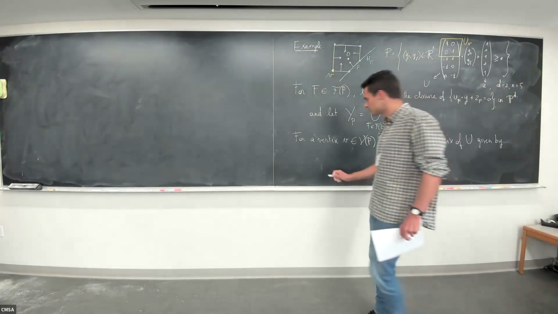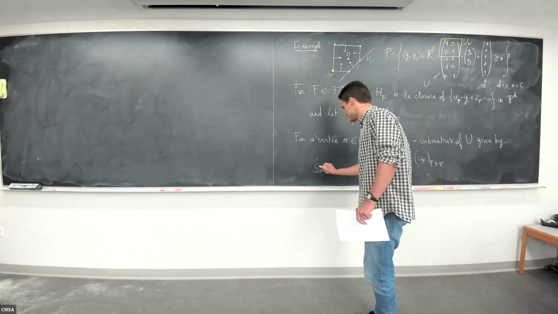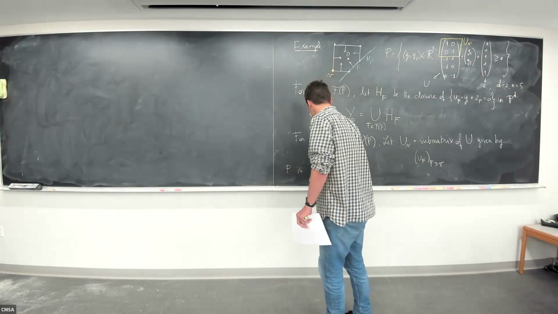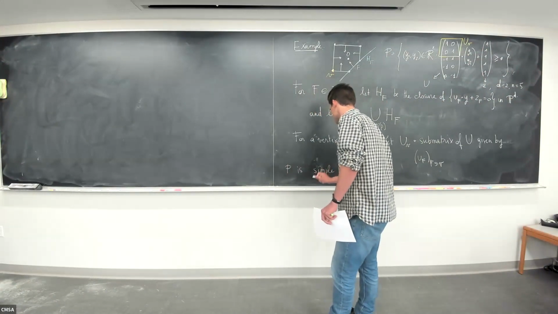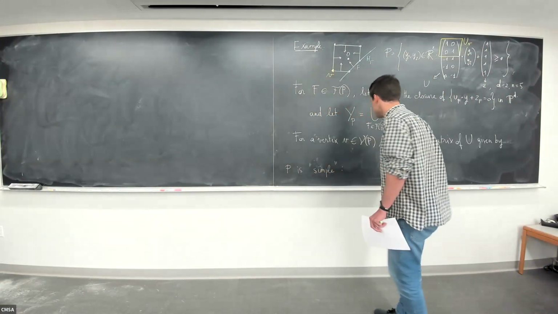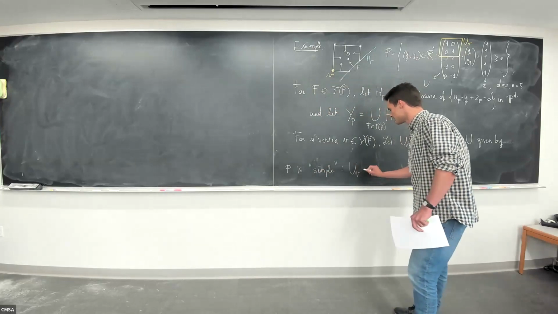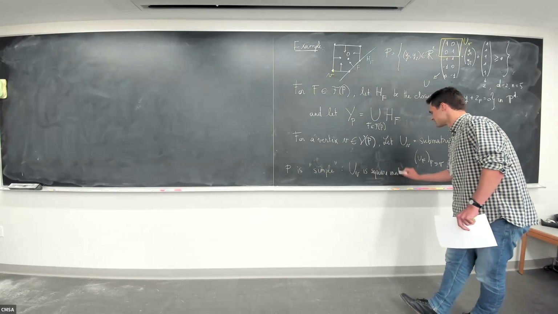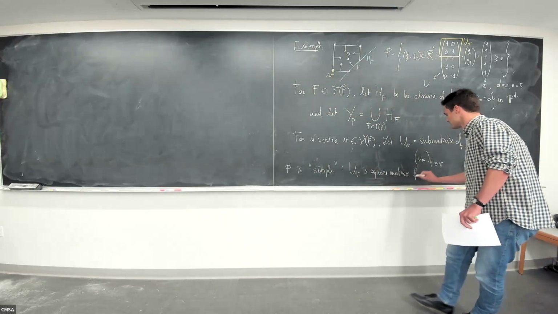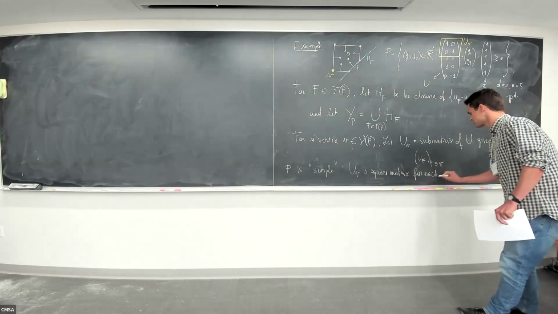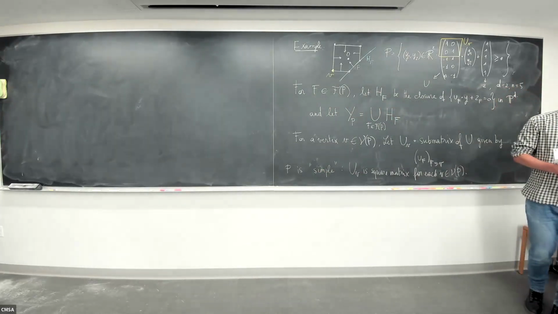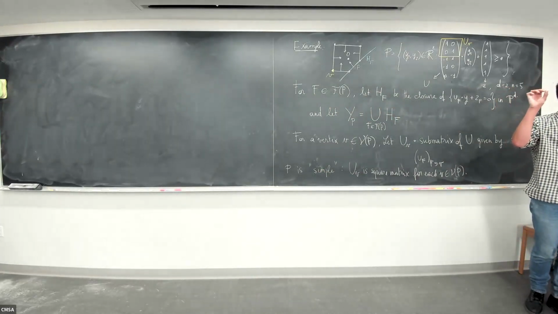That's an assumption I impose. P is simple means that U sub V is a square matrix for each vertex. A strange way of saying it. A polytope is simple if each vertex is contained in dimension-many facets.